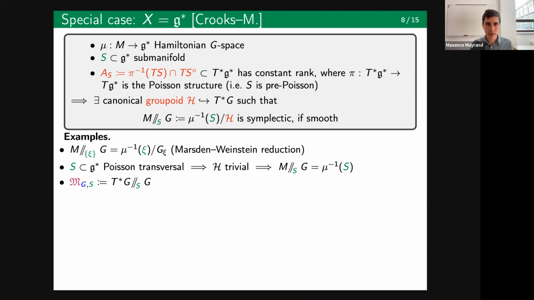And another thing you can do is just take a Lie group and a submanifold of the dual of the Lie algebra, and this outputs a Hamiltonian G space, where you take the cotangent bundle of G. This is a Hamiltonian G cross G space, and if you do reduction on one of the two G actions at level S, then this gives you a Hamiltonian G space.